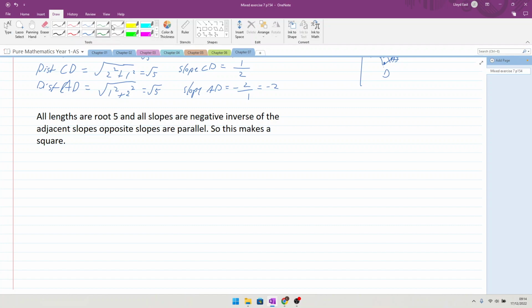Right. Question 18. Prove that the sum of two consecutive positive odd numbers less than 10 gives an even number.